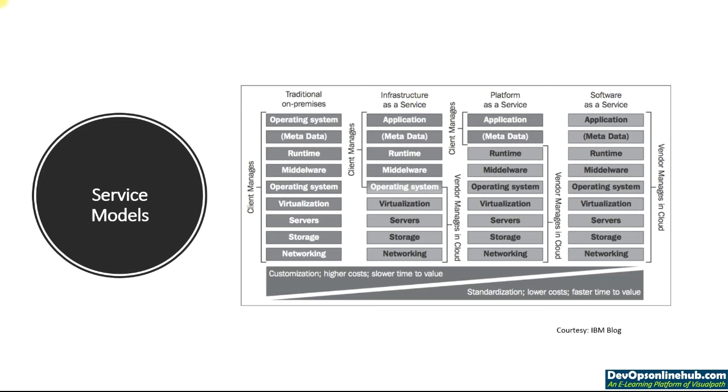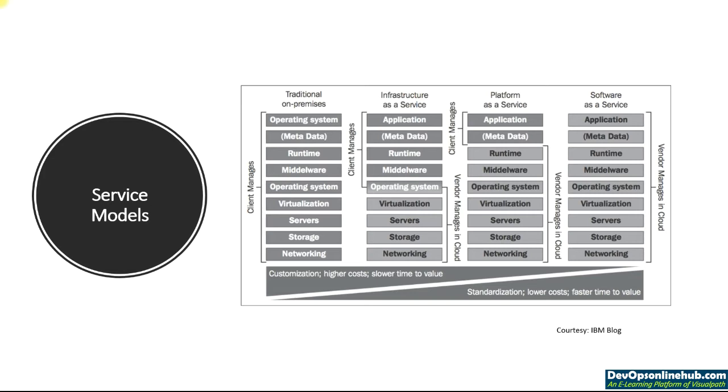So typically this is a monolithic stack where we have the entire infra and application stack together on the same infrastructure, in the same data center. And it is the responsibility of the client to manage all the required stacks from bottom to top, since it is hosted in the client environment.